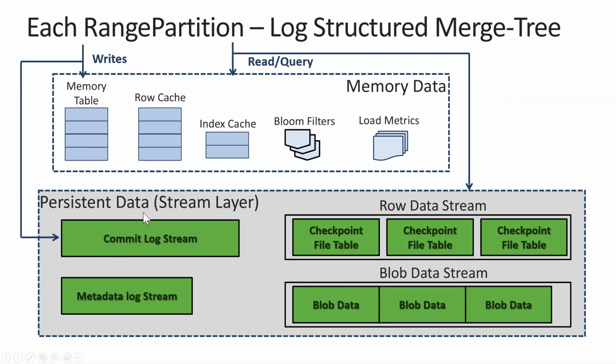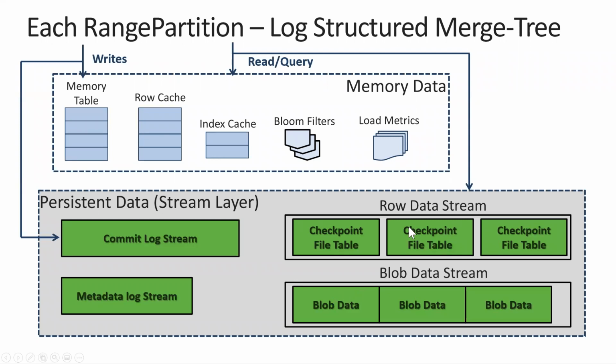So the stream layer basically stores 4 types of data. One is your commit log stream, another is your metadata log stream. These two are log stream kinds of data, and then there are your data streams, which actually have data. In the data stream, you have row data, which is any kind of row data for the rows of the table, and another is blob data.